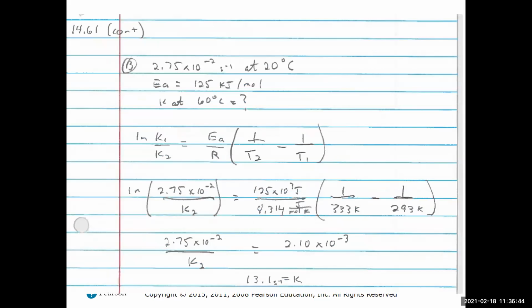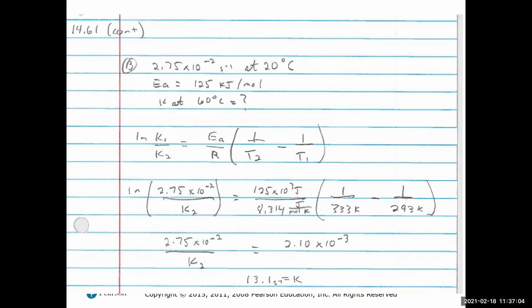Okay, part B of this is a similar problem, same idea, where we're using this Arrhenius equation for two temperatures again. That's that natural log K1 over K2 equals EA over R, and then times 1 over T2 minus 1 over T1.